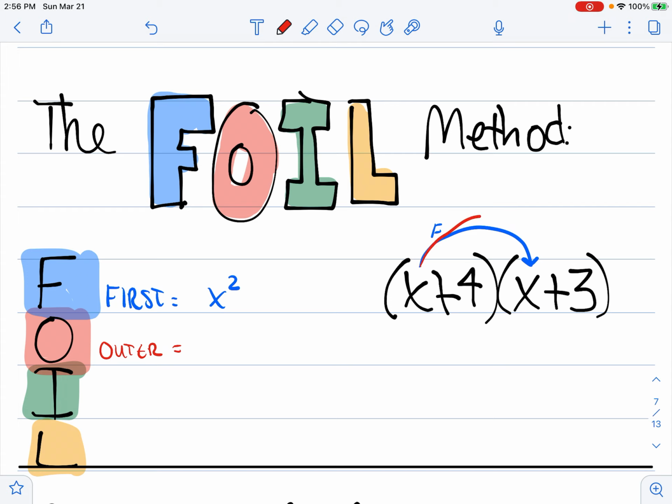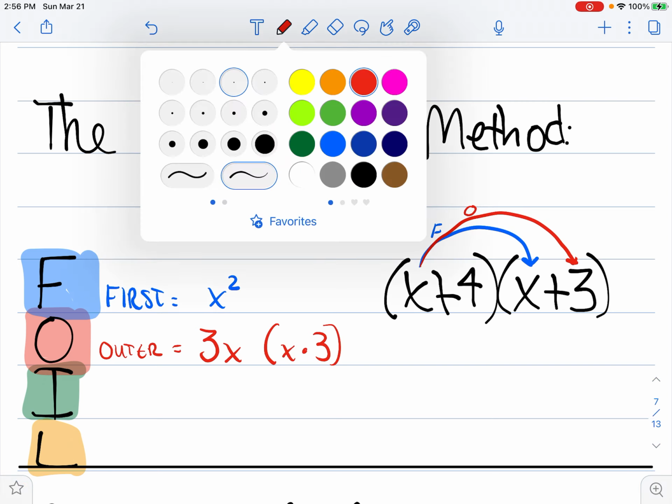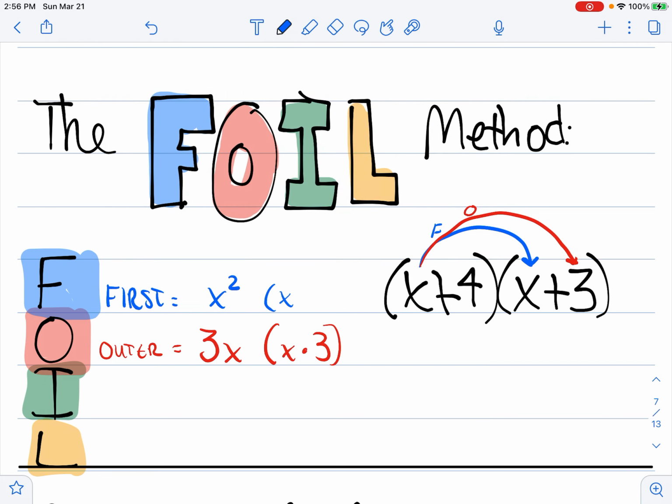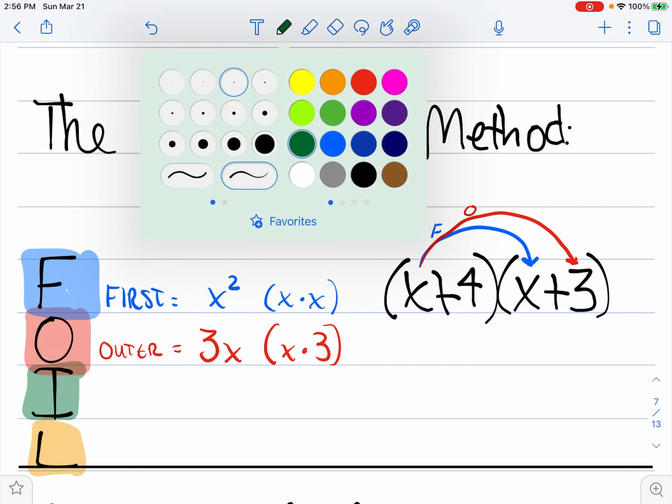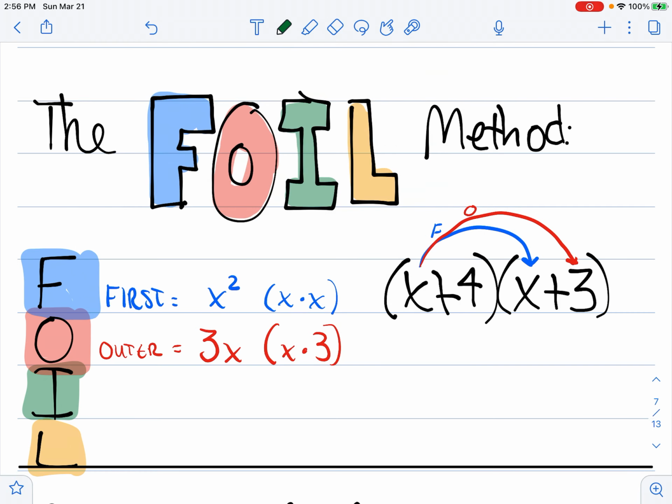So I will multiply x from polynomial 1 times 3 from polynomial number 2, and I would get 3x. And I'll just put that here in parentheses too so we can follow along. I'll go back up here and do the same thing with the first terms.